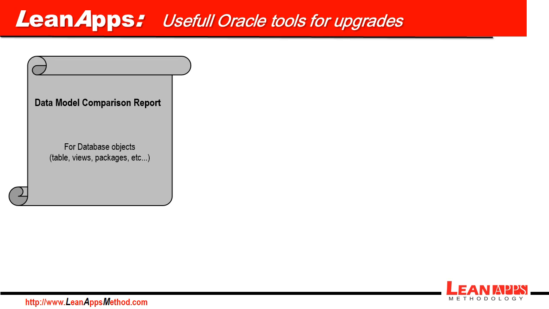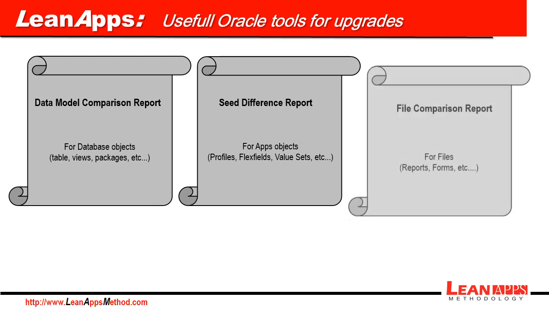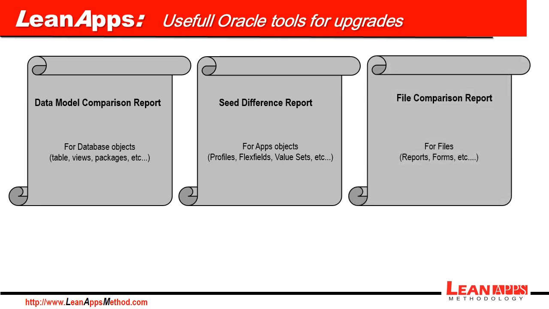Third phase is transition, where we train users in the new navigability, perform user validation tests, convert all custom menus and responsibilities, deploy all updated custom objects that will continue in the new release, and upgrade production. And fourth phase is production, where we sustain the system for a short period of time and provide final knowledge transfer to the client's personnel.